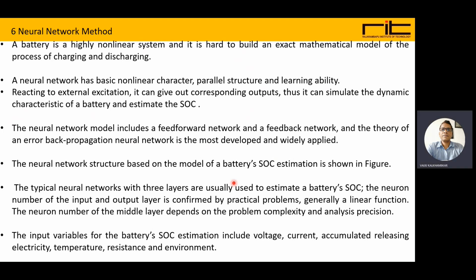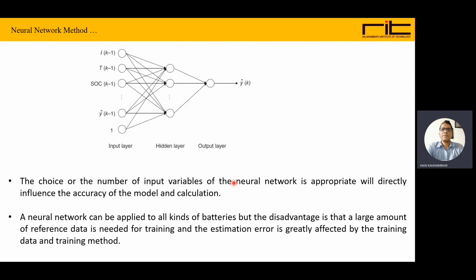The number of input and output layers is confirmed by practical problems, generally a linear function. The neuron number of the middle layer depends on the problem complexity and analysis precision. The input variables for the battery SOC estimation include voltage, current, accumulated releasing electricity, temperature, resistance, and environmental conditions.